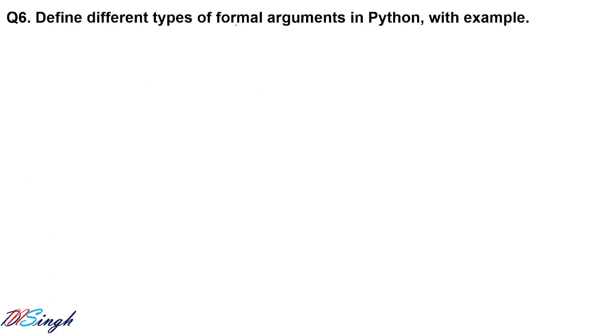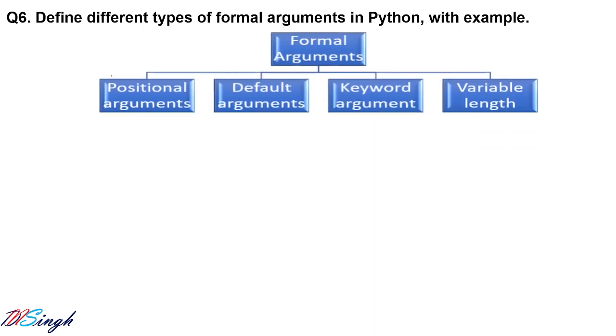Define different types of formal arguments in Python with example. There are 4 types of formal arguments: positional argument, default argument, keyword argument, and variable length argument. Remember, argument and parameter are the same.